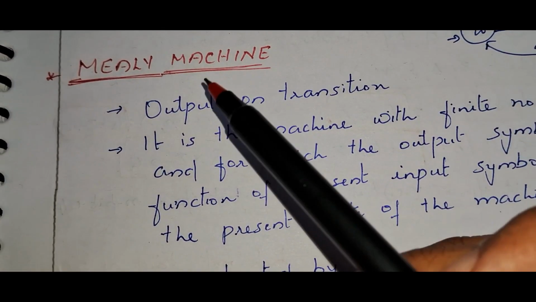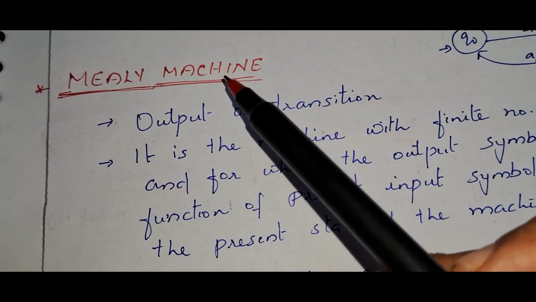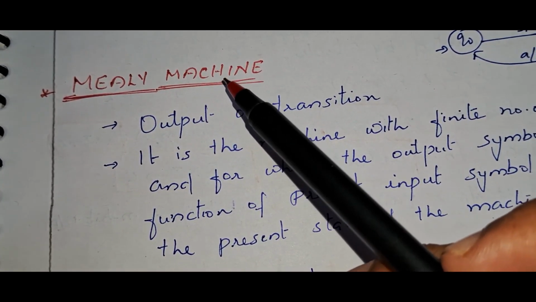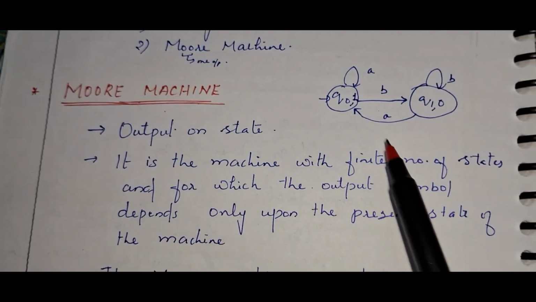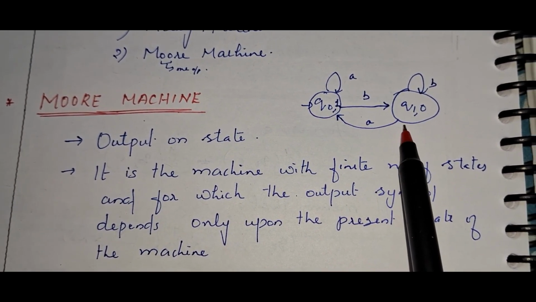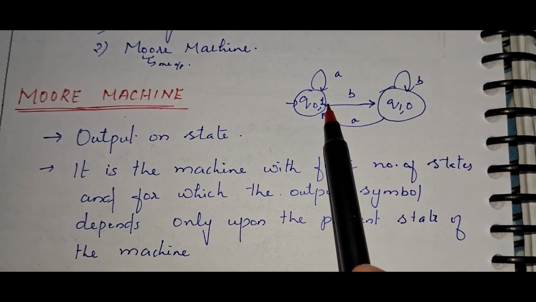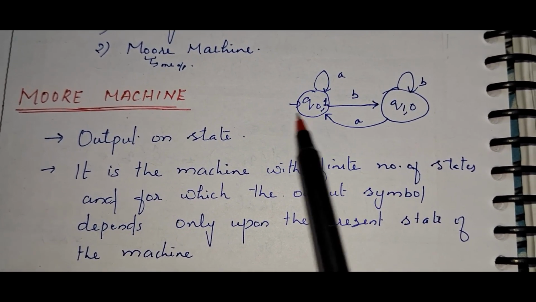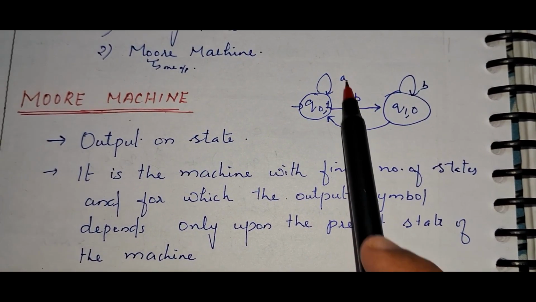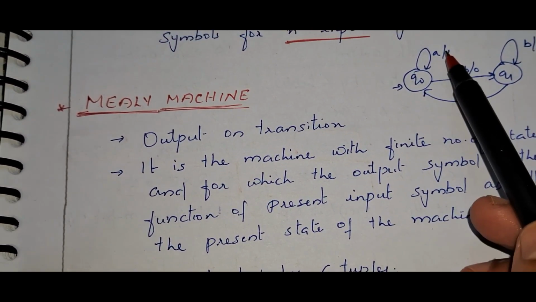In a Moore machine, you can see the output along with the state, so each state will produce some output. But in a Mealy machine, instead of putting the output along with the state, the output is on the transition.